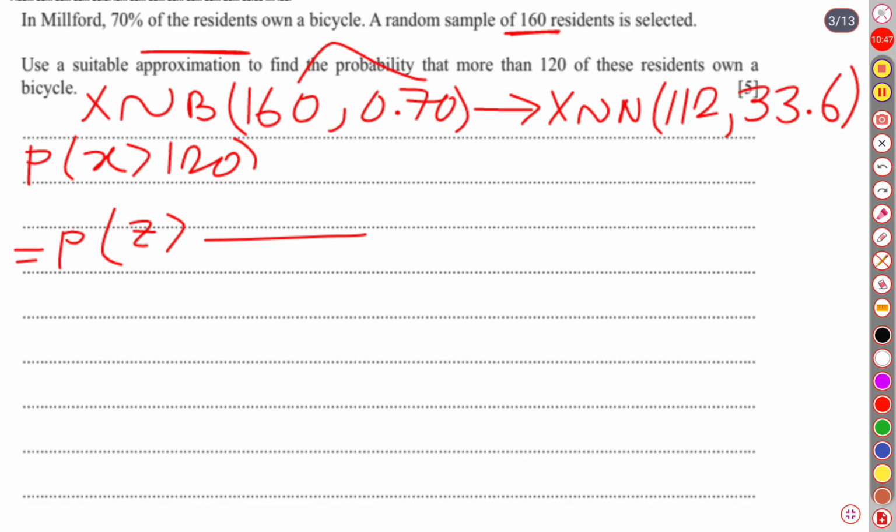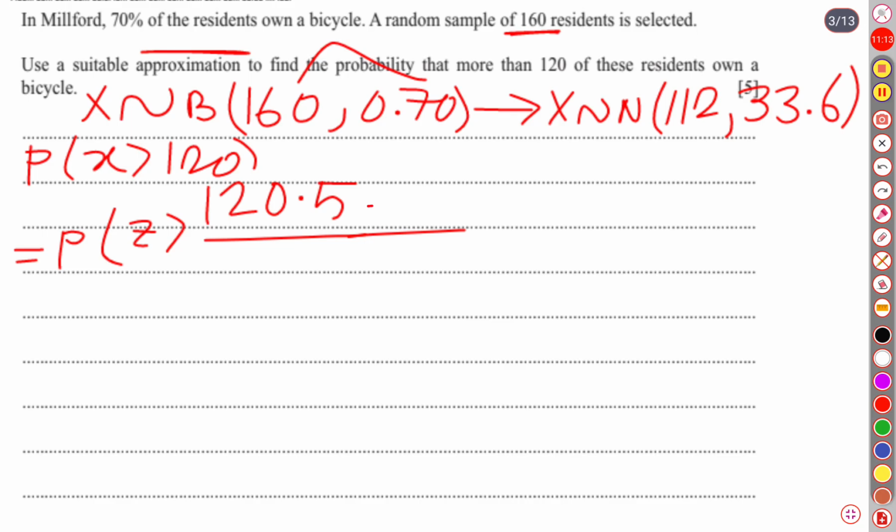In the binomial distribution they have written 160. Binomial distribution is applicable for a discrete random variable, whereas normal distribution is applicable for a continuous random variable. So continuity correction is a must. If we want to find X more than 120, after doing continuity correction it is going to be 120.5. It will be more, not less.